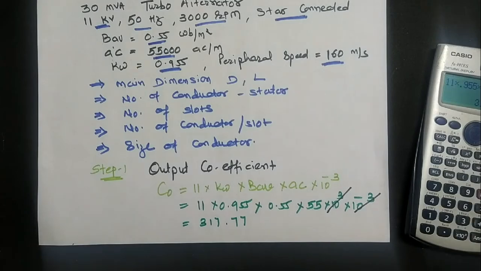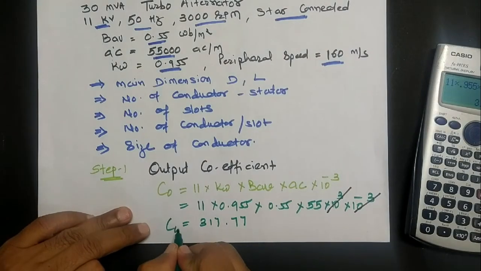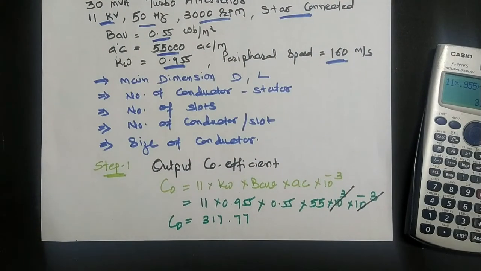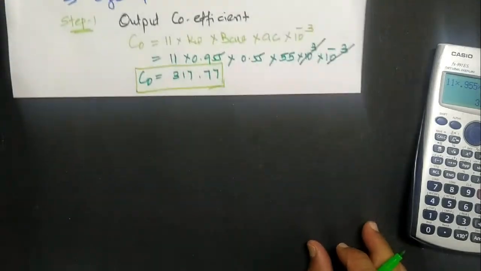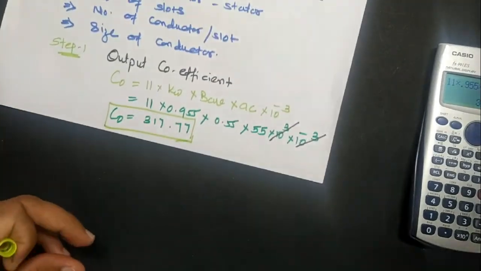So we have calculated CO, that is output coefficient, before we find our main dimension.